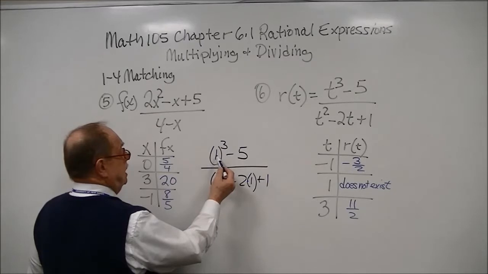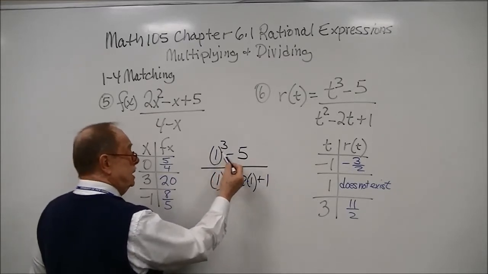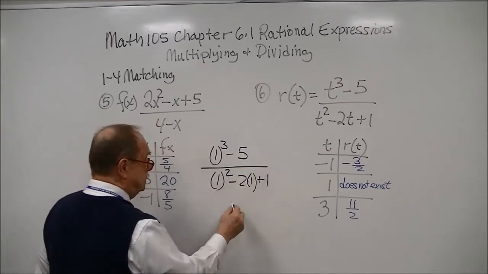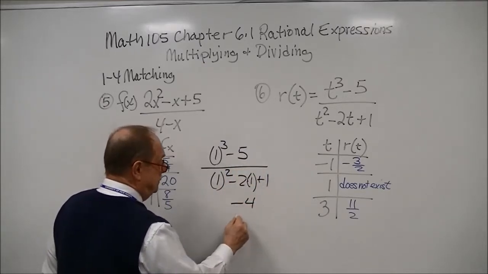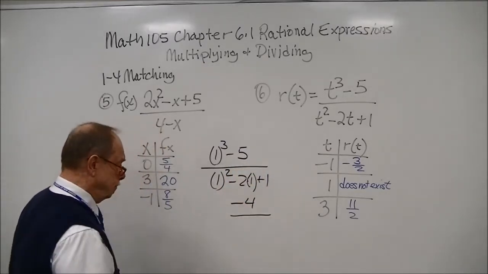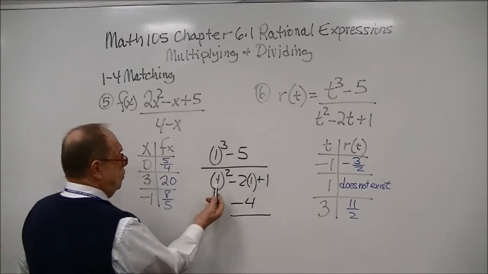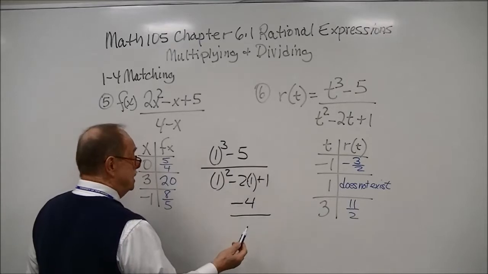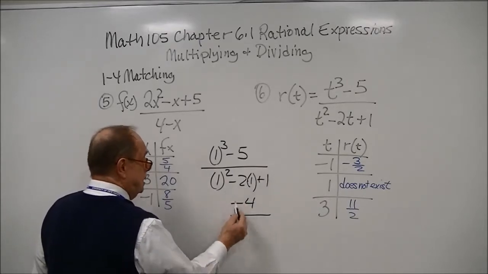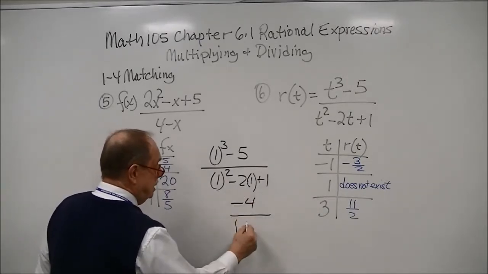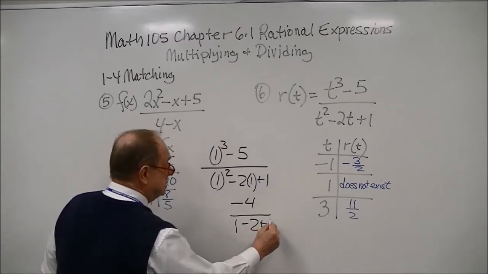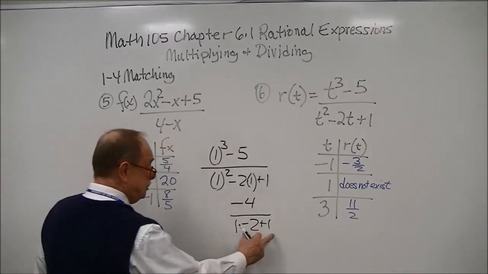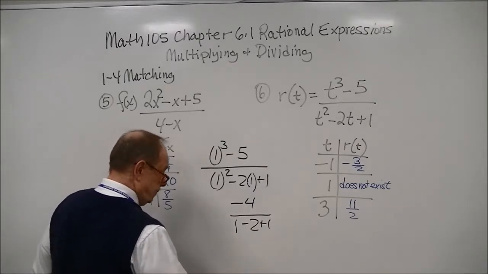So, 1 cubed is 1. 1 minus 5 is a negative 4. 1 squared is 1. So that's 1 minus 2 plus 1. So here we have 2 minus 2.